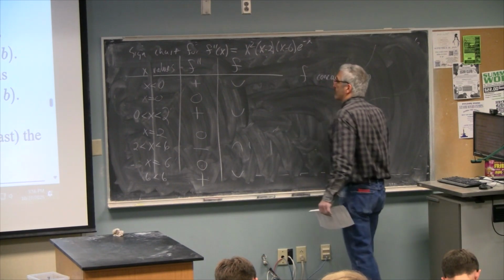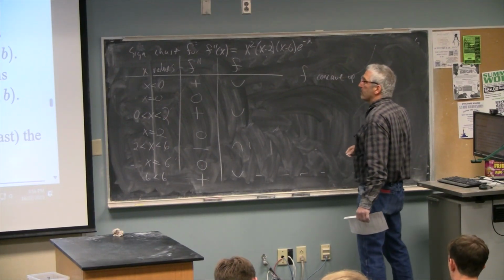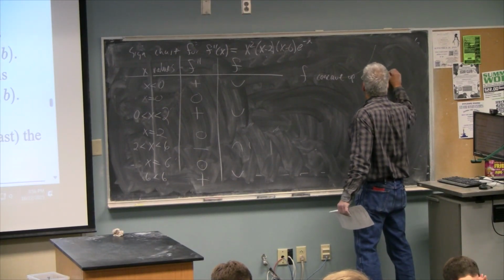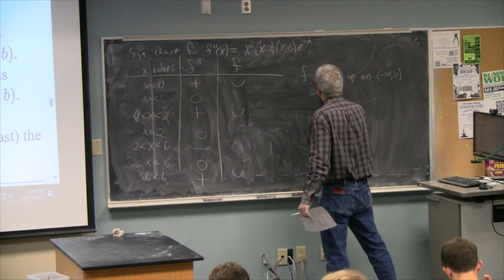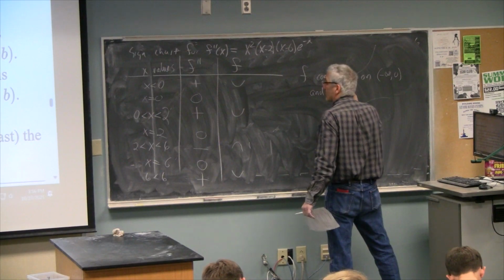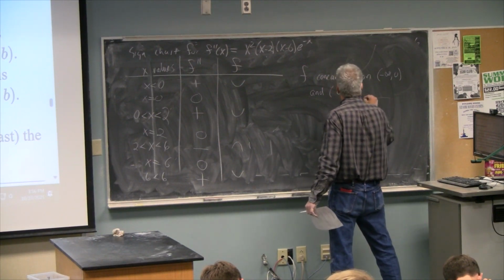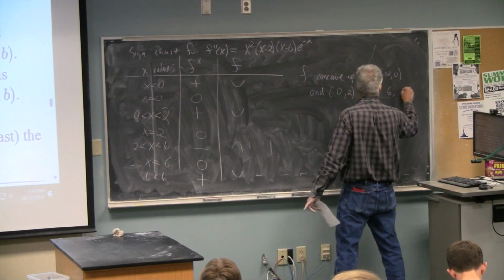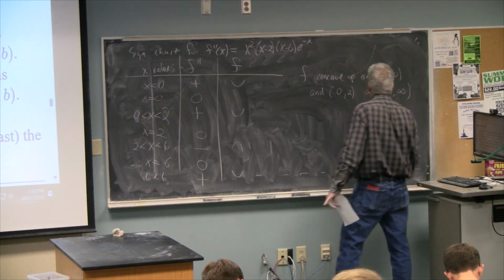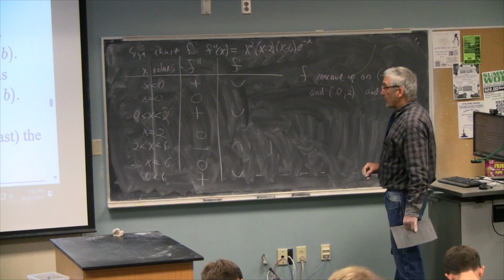So our conclusion is f is concave up on minus infinity to 0 and 0 to 2 and 6 to infinity. And that's because f double prime is positive.